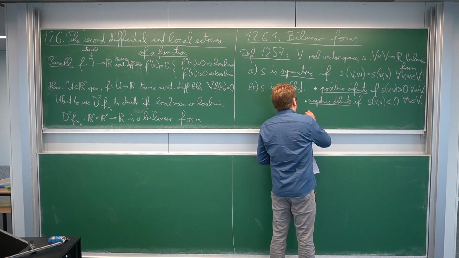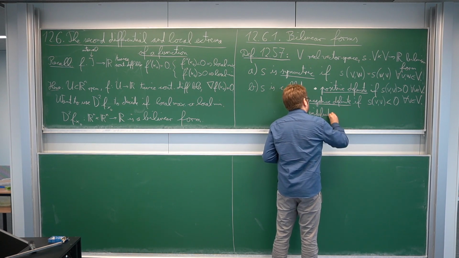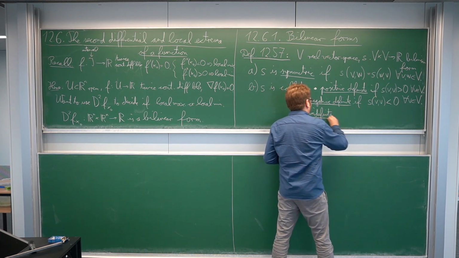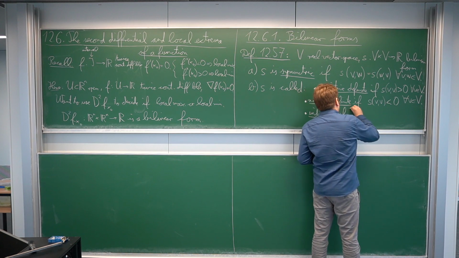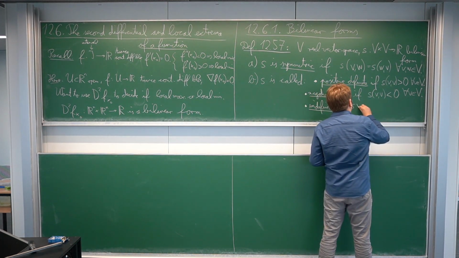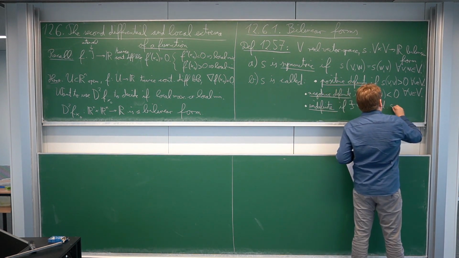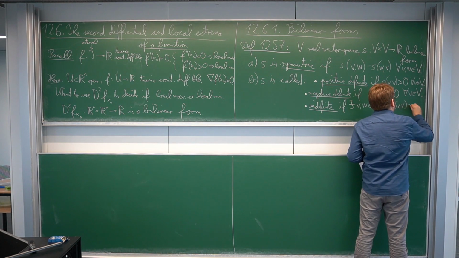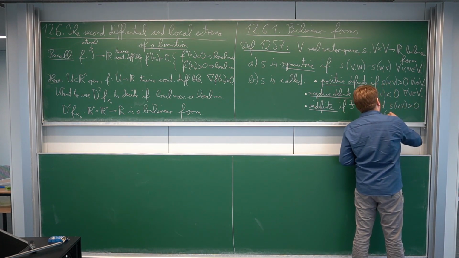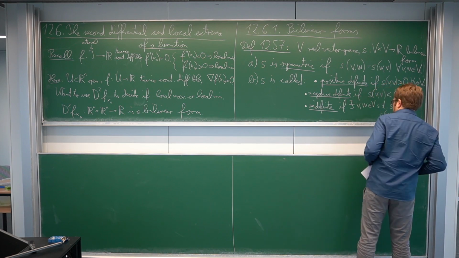And there's a third notion, because here many things might happen, namely the notion of an indefinite bilinear form. This means if both of these things can happen, namely if there are vectors V and W in V, so that S of VV is positive, but S of WW is negative.